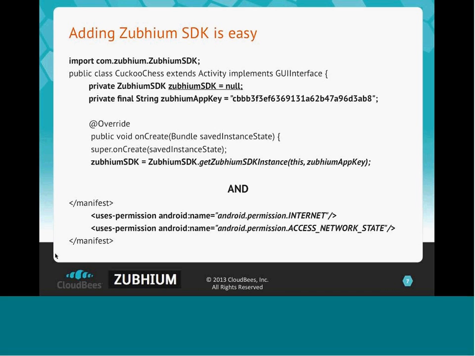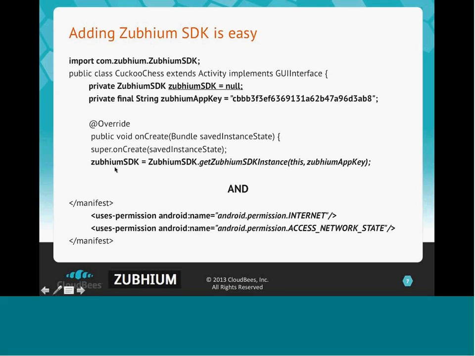In the main activity, which in this application is Cuckoo Chess, all I have to do is the import statement for the Zubium SDK, and then on the Zubium console in a minute, we have an application key. So I just get that and drop it here into the code.